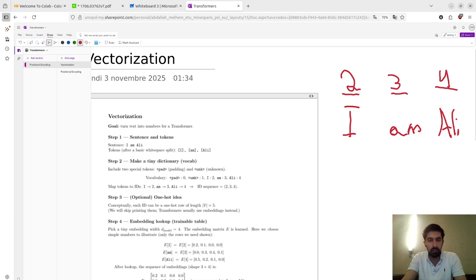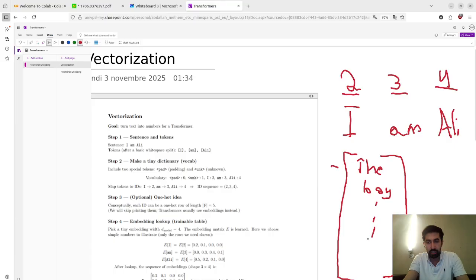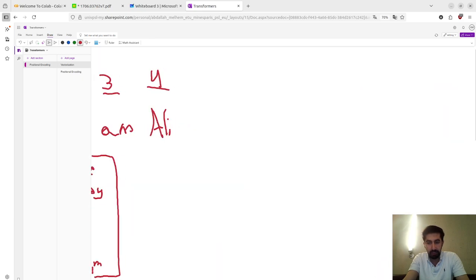Then, after we get I am Ali, we transform each index into a one-hot encoding. So this is I am Ali. We should be having an English dictionary which contains all the words. So all the words in the English dictionary, and at some point we get I, at some point we get am, and at some point we get Ali.